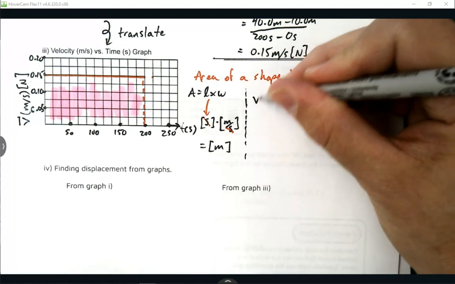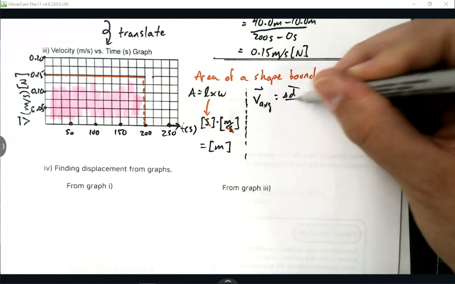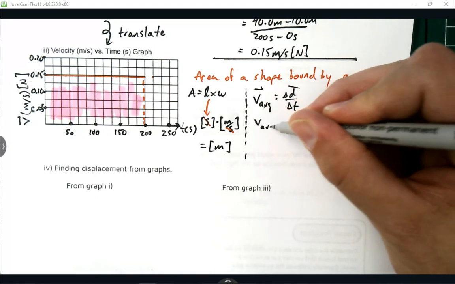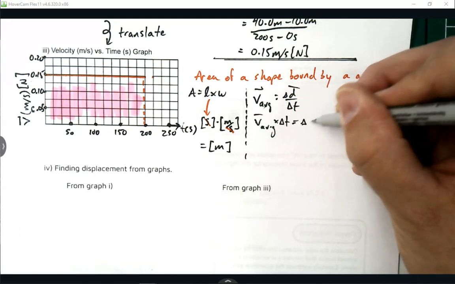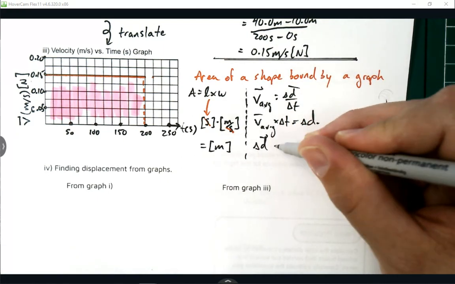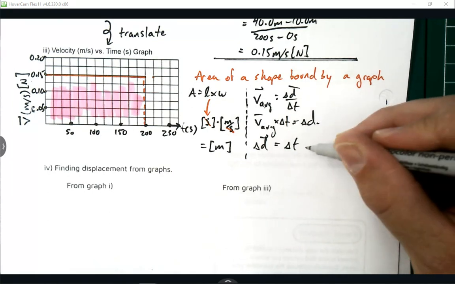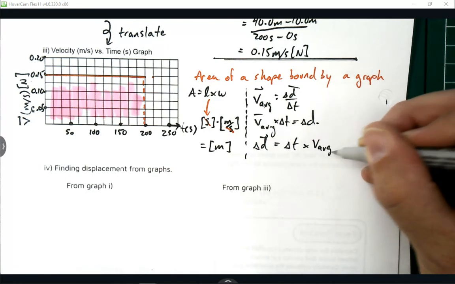Turns out that if we go back to the equation, V average is equal to delta D over delta T, and I rearrange this to get V average times delta T equals delta D. As soon as I do that, you see that delta D equals, I could rearrange it if you wanted to, delta T, that's the length, times V average, that's what we call the width.